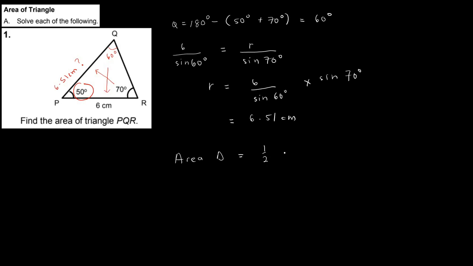So 1 over 2 QR sine P. The length of side Q is 6. The length of side R is 6.51 and angle P is 50 degrees. And the area of this triangle is 14.96 cm square.